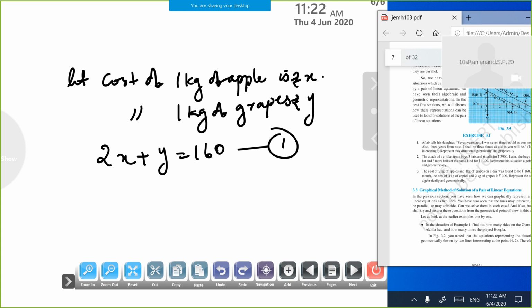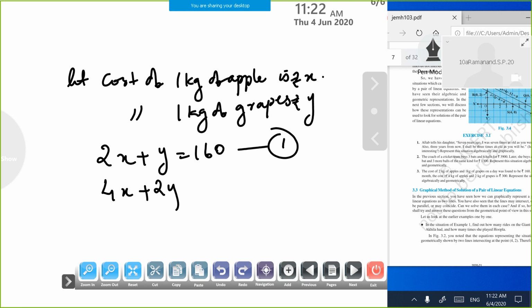After a month, the cost of 4 kg of apples and 2 kg of grapes is rupees 300. That is 4x plus 2y is equal to 300.